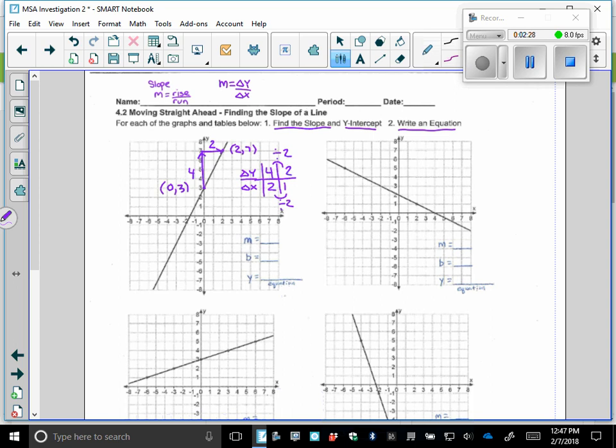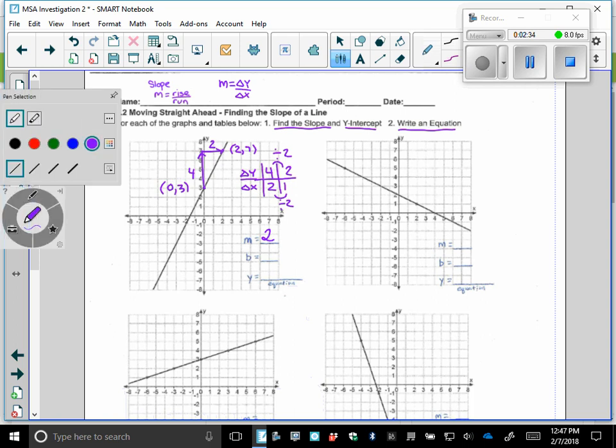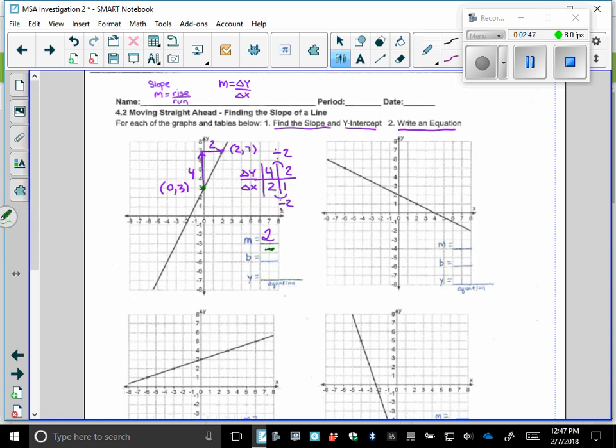So we just say that's a slope of 2. And then for the intercept, we look at the graph, and the y-axis is crossed by the line at point 3, so the intercept is 3.